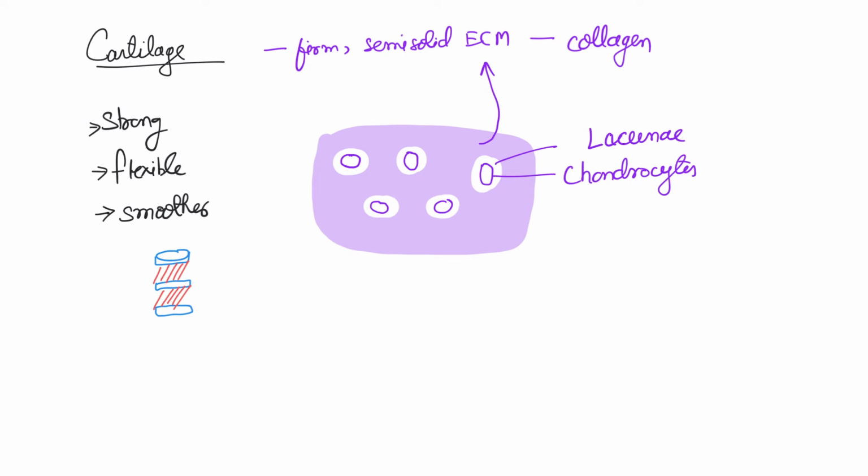But the problem here is these chondrocytes, they secrete a chemical, and this chemical inhibits or sort of deregulates the blood vessel formation, right?